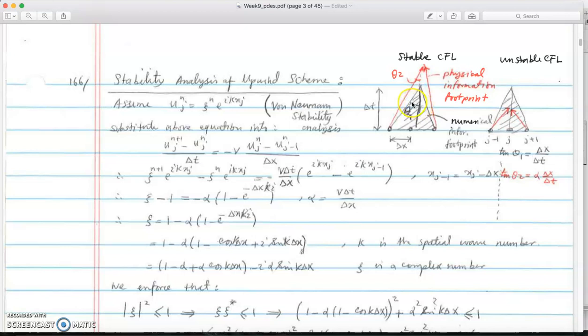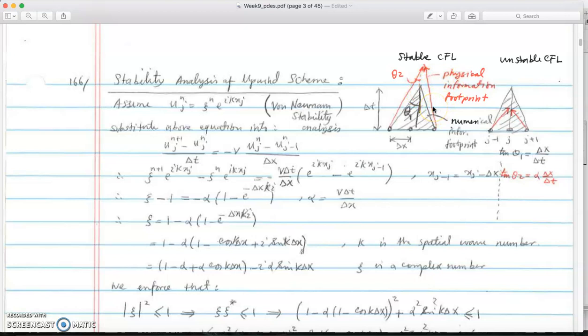So the condition of this angle being greater than that angle, which means del x over del t should be bigger than the physical velocity, means that the real information should propagate faster than what we calculate. So the black diagram here is what we calculate numerically, and the red one is what is happening physically.